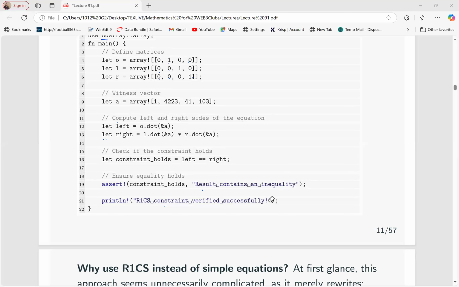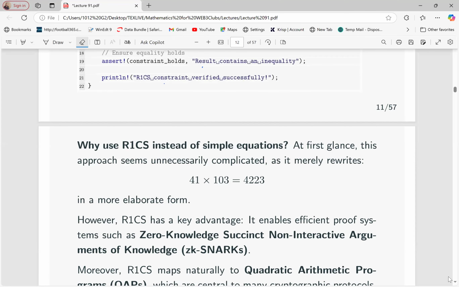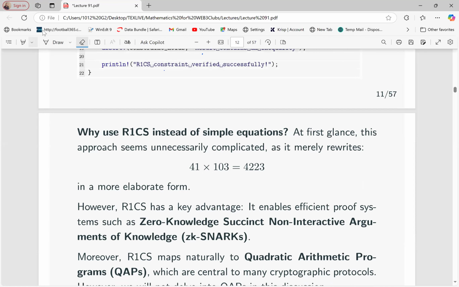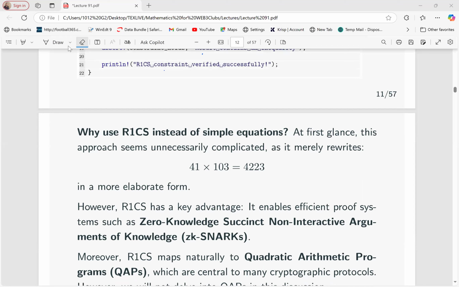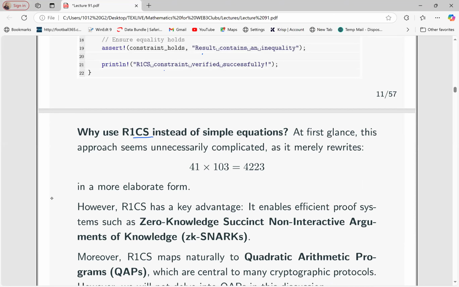Now, for this question, I have a simple question here, and of course, I've answered it. I've said, why use rank 1 constraint systems instead of simple equations? So the question is, in this example, why use the rank 1 constraint system?